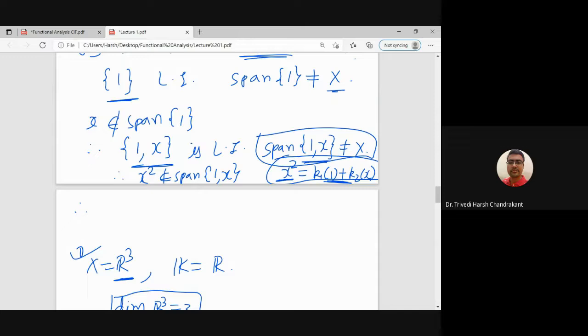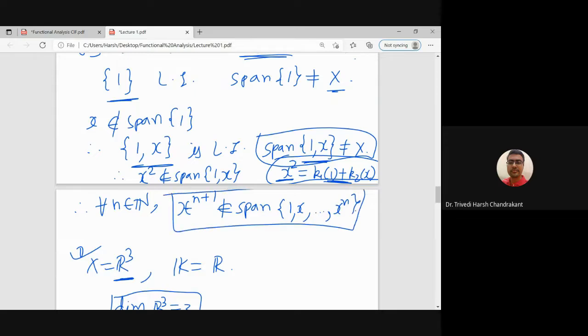In general, for every natural number n, x power n plus 1 is not in the span of 1, x, up to x power n. This we can prove by mathematical induction, right?